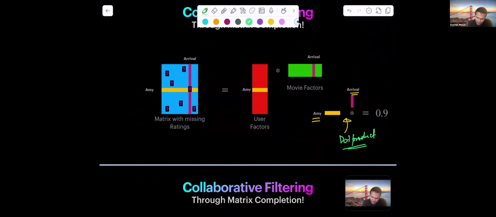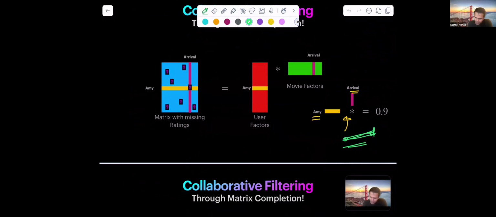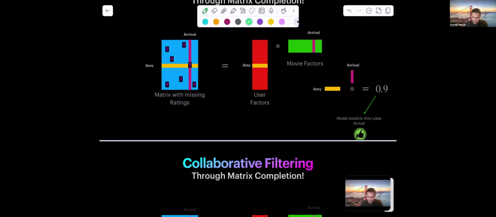Because we need a number between 0 and 1, we'll probably do some kind of cosine similarity, which gives a score between -1 and 1. So let's say it's 0.9. That's a very good score, saying that Amy is very much likely to like the movie Arrival. So recommend the movie Arrival.